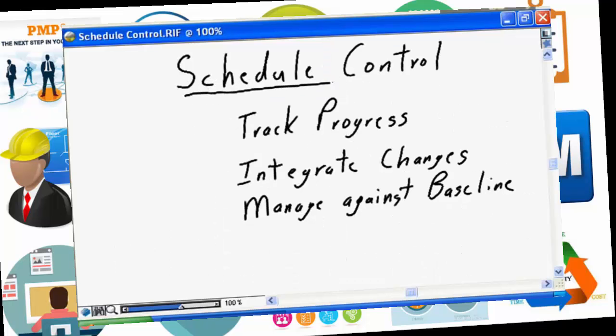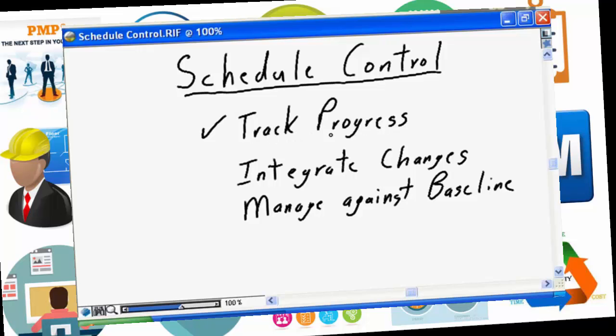Once you have an effective schedule defined for your project, the next step is to manage it, to control it, to keep it current, to keep it accurate, to keep it reflective of the current project status. The only way to do that is to effectively, diligently manage the progress on each and every task on the project.